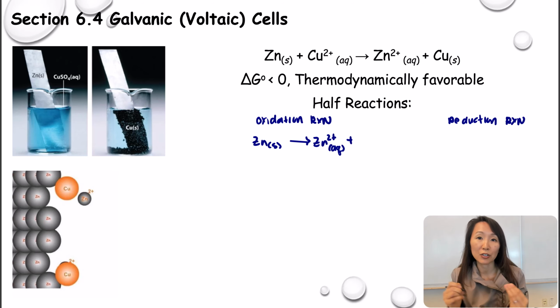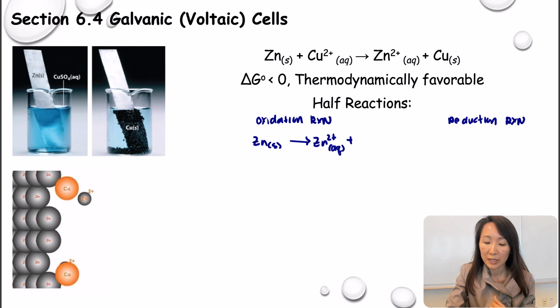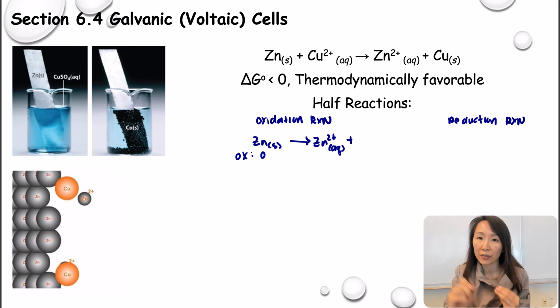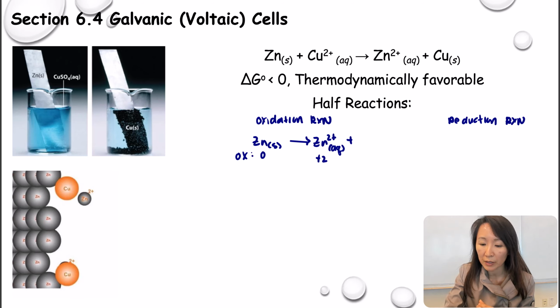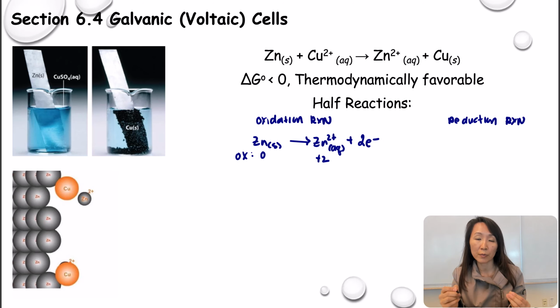Well, how many electrons has it lost? Zinc right here has an oxidation number of 0, whereas zinc on the right-hand side has an oxidation number of +2. So that means 2 electrons were lost in this oxidation reaction.